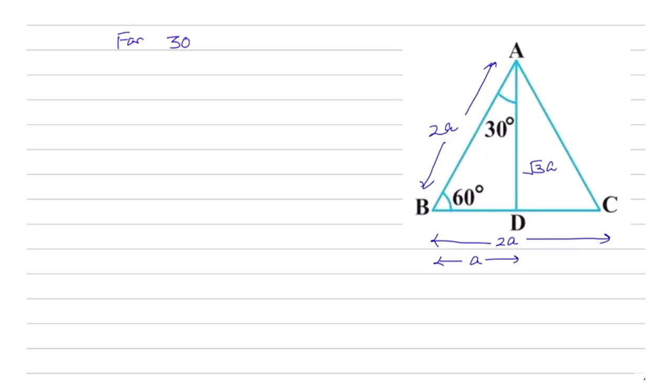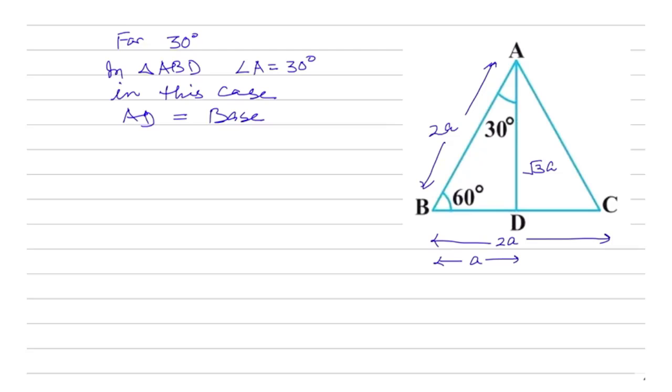For 30 degree, in triangle ABD, angle A is 30 degree. In this case, AD would be the base and side BD is a perpendicular.